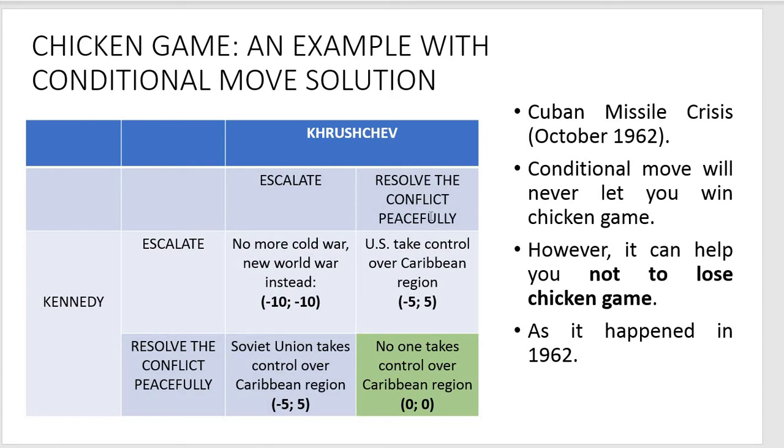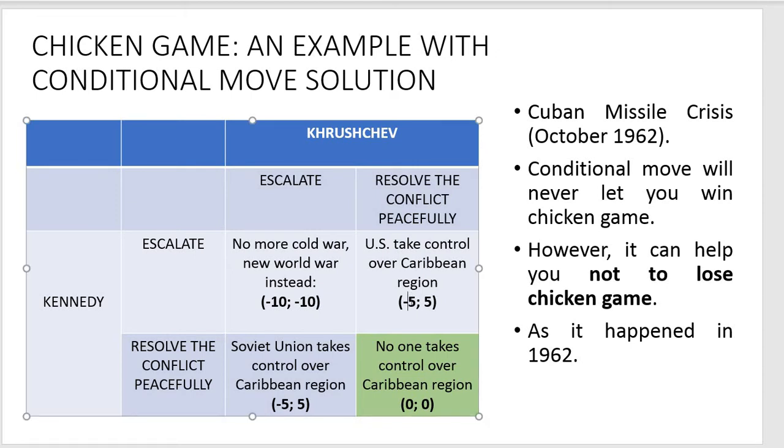They can try to resolve the conflict peacefully, and in this case, they would make a conditional strategic move. Like, if you decide to resolve the conflict peacefully and put your hands off Cuba, I will do the same. So in this case, both of them get just 0. Of course, it would be better for the United States to escalate the conflict and take control over Cuba.